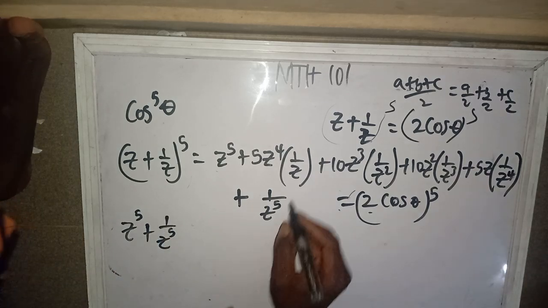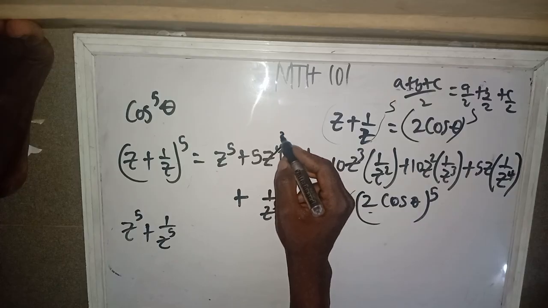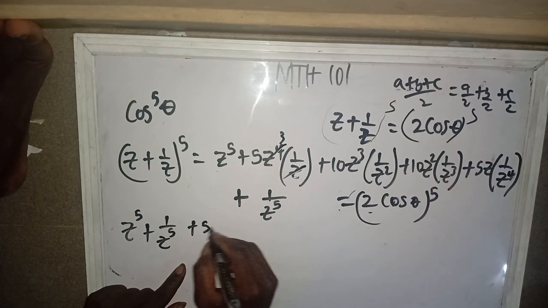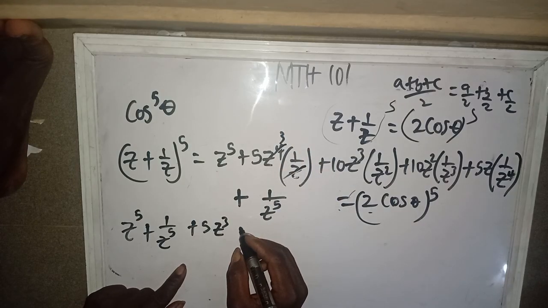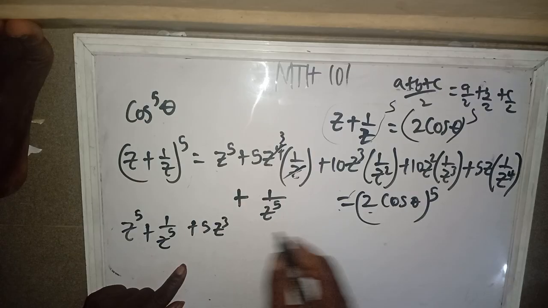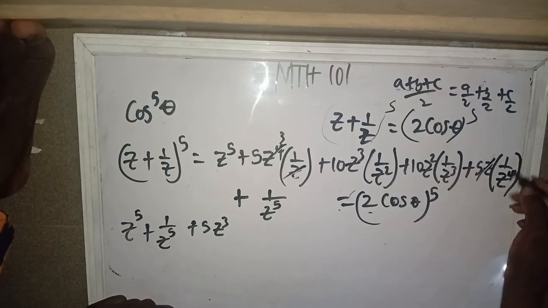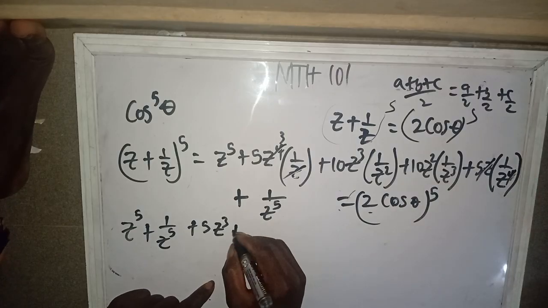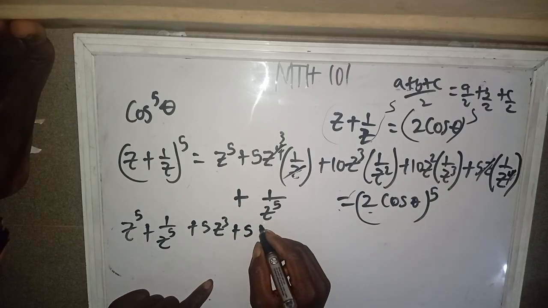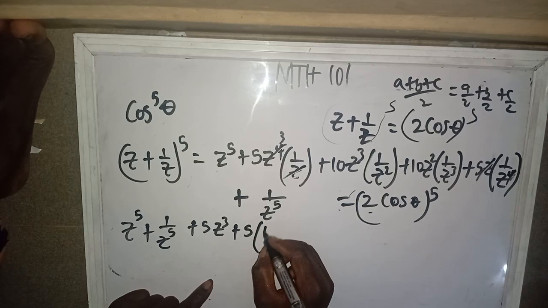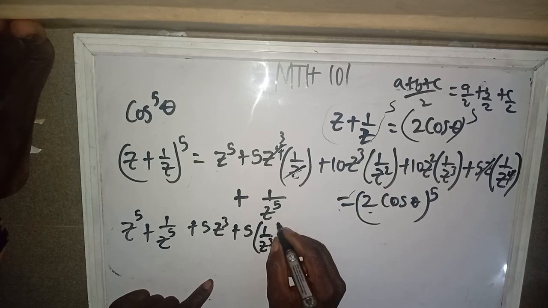Can we see that? Here, z to the 5 times 1 over z to the 5 cancel, we have z cubed left here, plus 5 multiplied by 1 over z cubed.